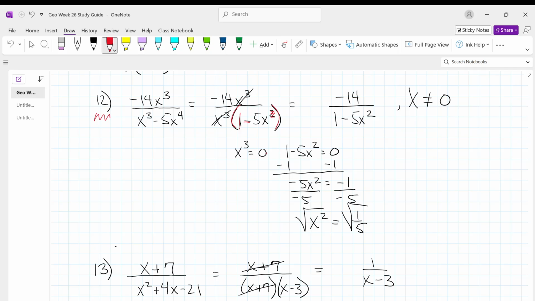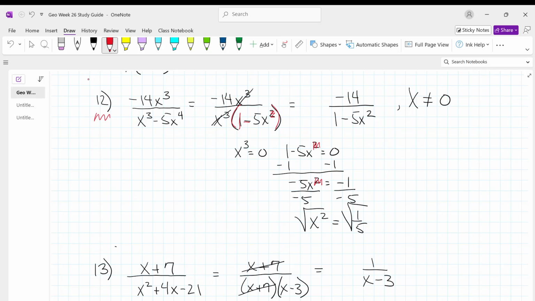So when we're finding our zeros by setting each factor equal to 0, this just should have been 1 minus 5x, which would have made negative 5x equal to negative 1.